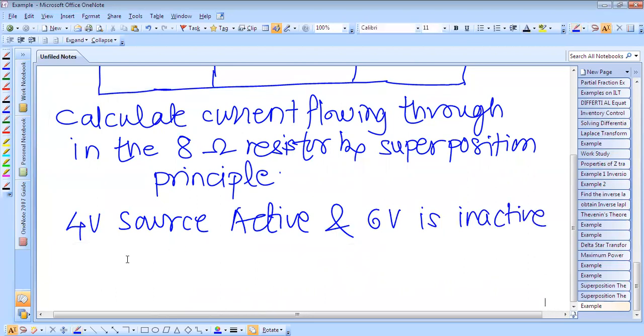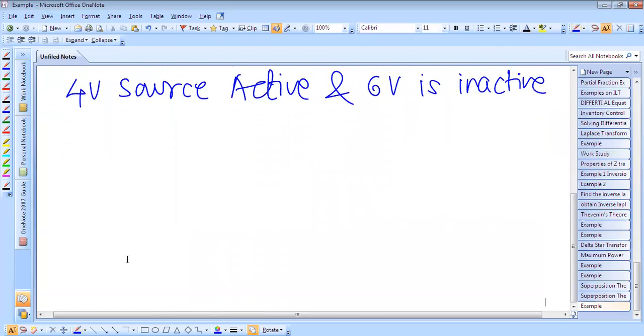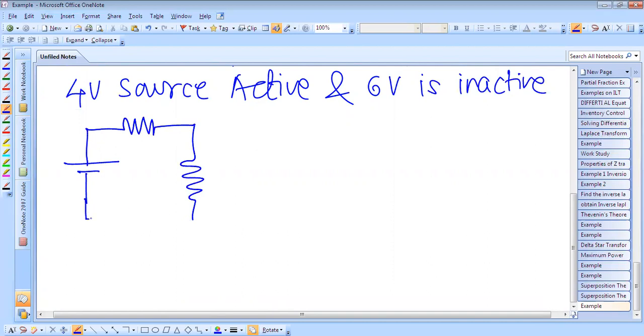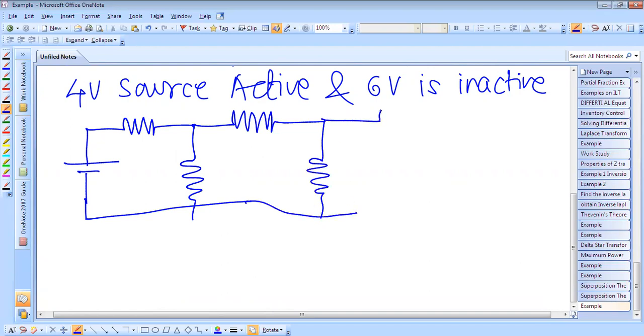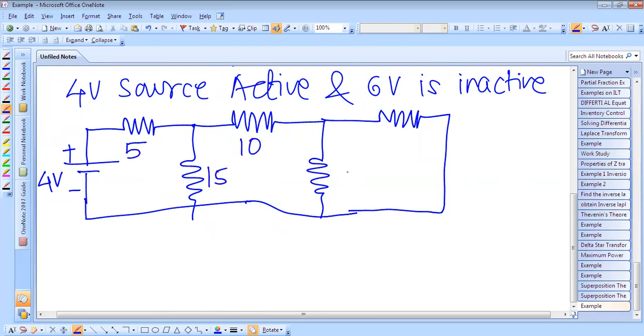So we can find it now. This 4 volt is active now. This is 5 ohm, 15 ohm, this is a 10, this is 8 ohm, and this is a 12 ohm.